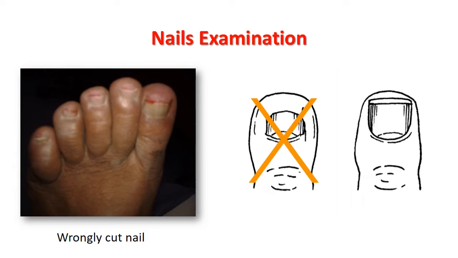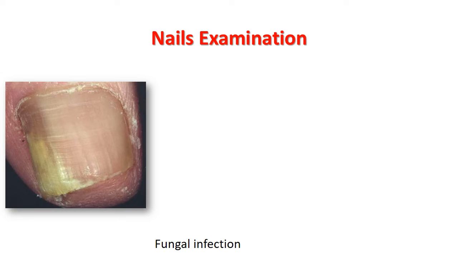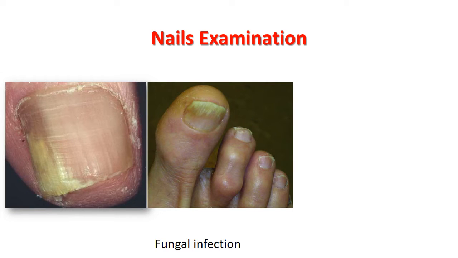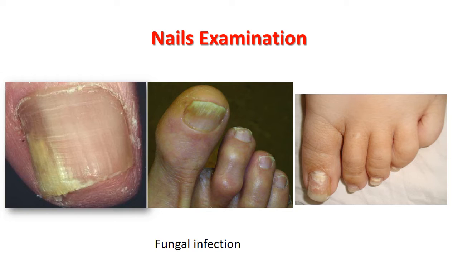We need to tell our patient that if he has a problem with vision, or cannot bend to cut his nail, he should get assistance from a relative, or ask for assistance from a diabetic foot clinic.